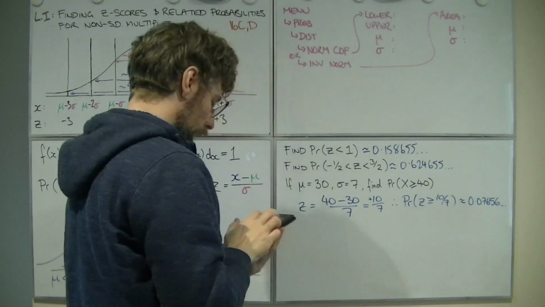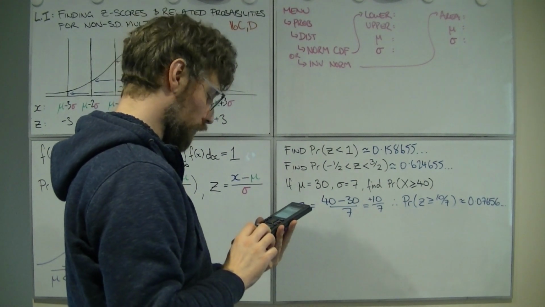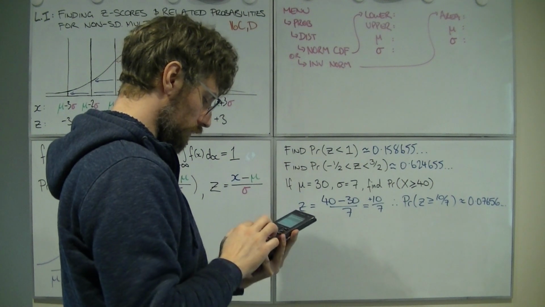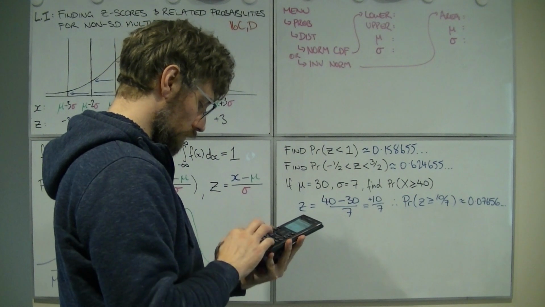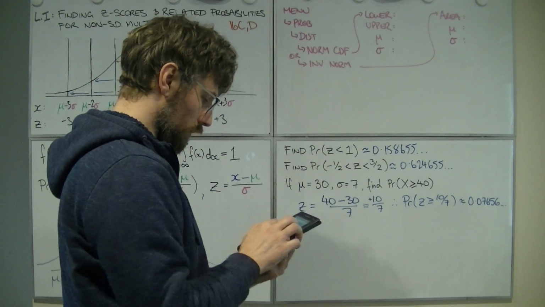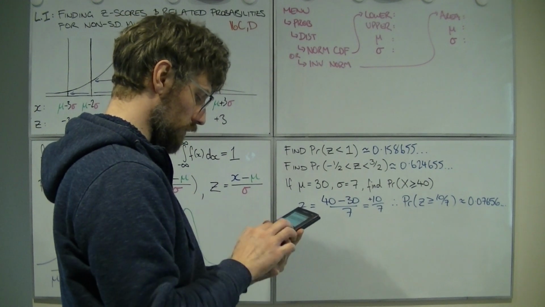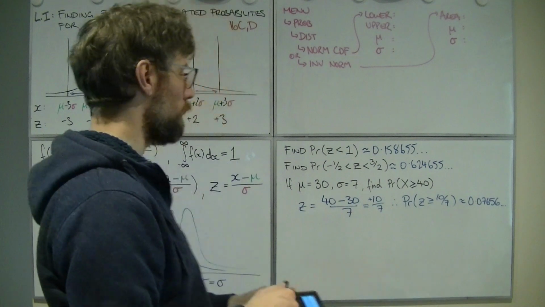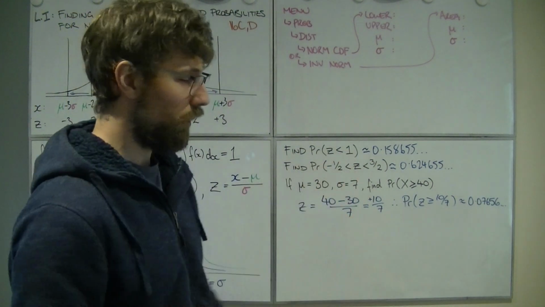So I can go back to normal CDF and go, hang on, what I wanted was 40 going up to infinity when my mean was 30 and my standard deviation was 7. That gives me the same result, hopefully unsurprisingly. So we could do that as well. That's fine. You can go either way. Totally fine. Doesn't matter.